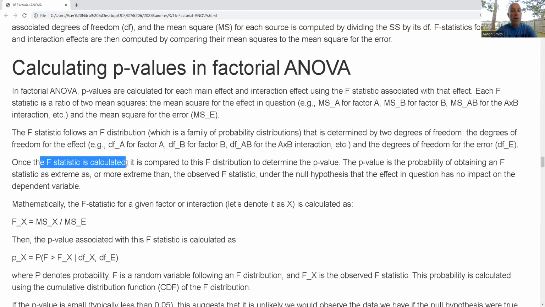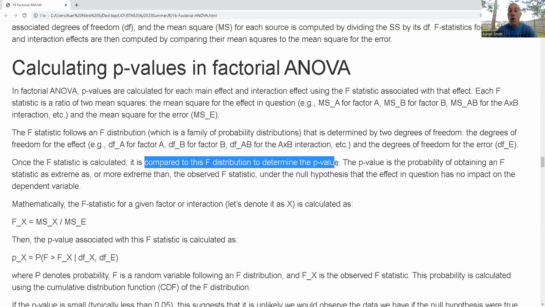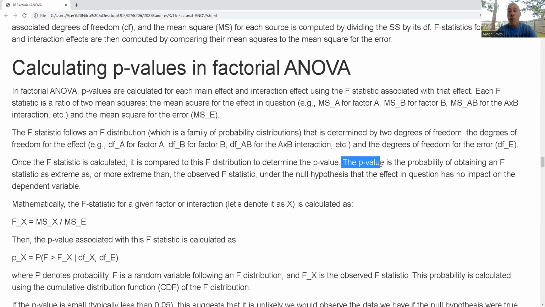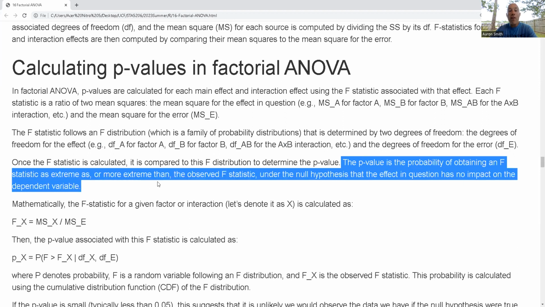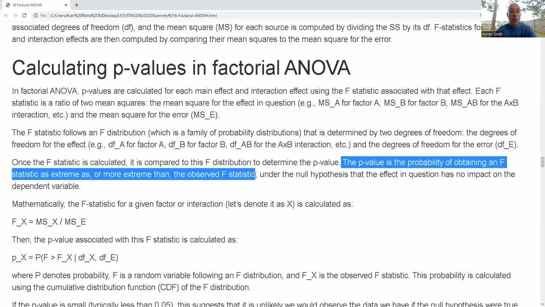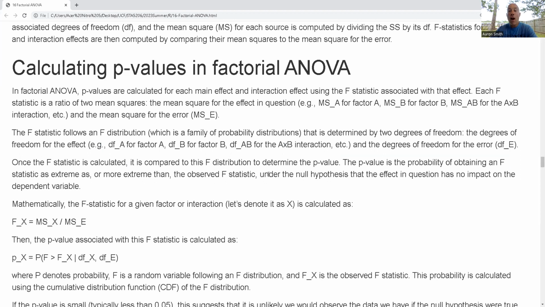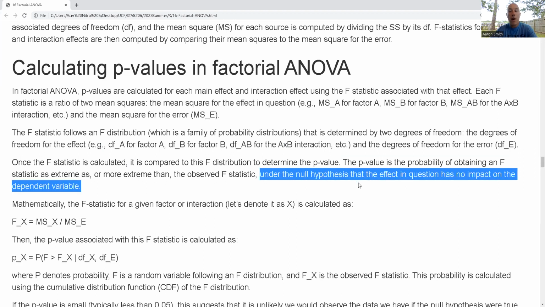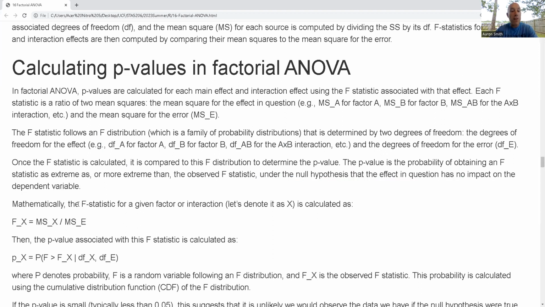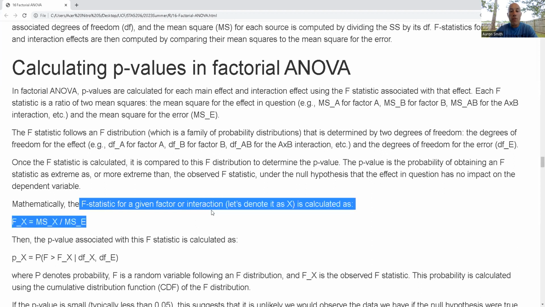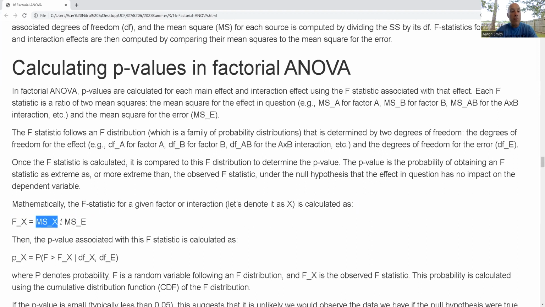Once the F statistic is calculated, it is compared to this F distribution to determine the p-value. The p-value is the probability of obtaining that F statistic or one that is more extreme than the observed F statistic value under the null hypothesis that the effect in question has no impact on the dependent variable. Mathematically, the F statistic for a given factor or interaction is calculated as mean square divided by mean square error.